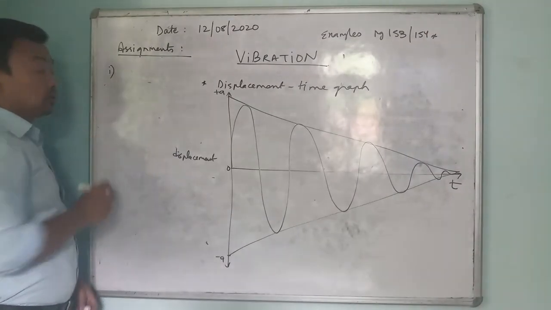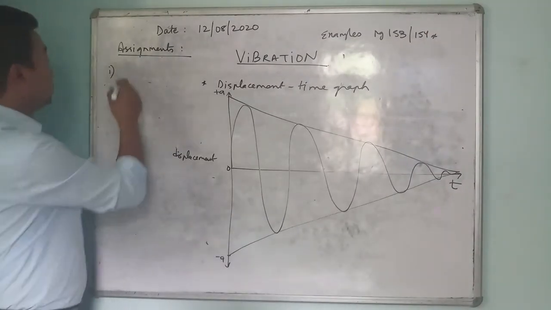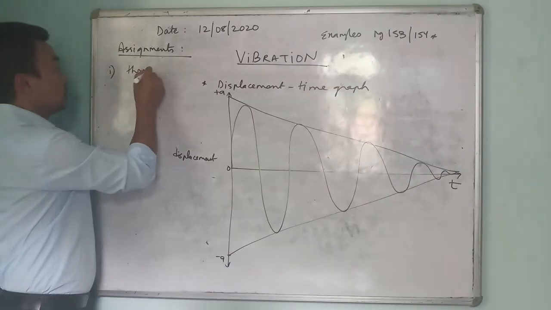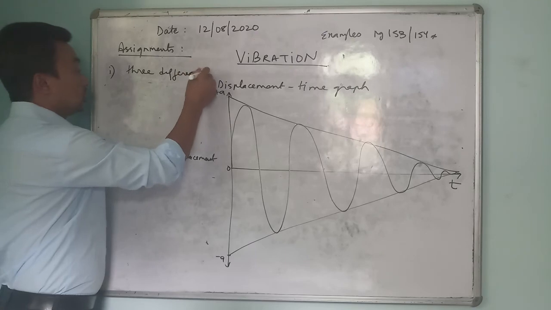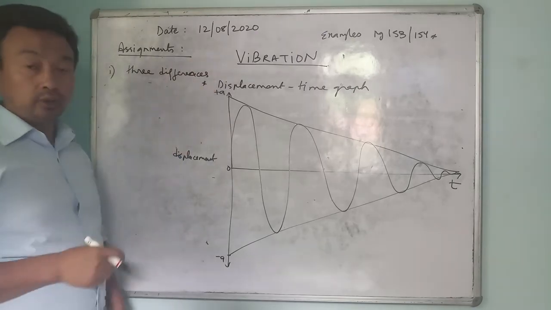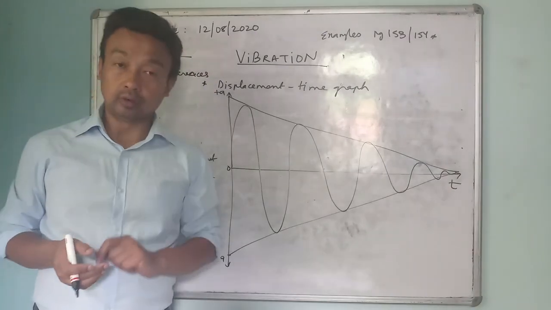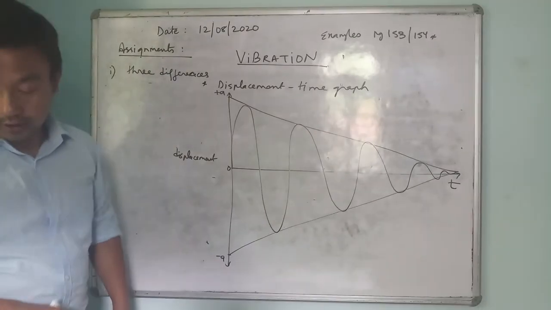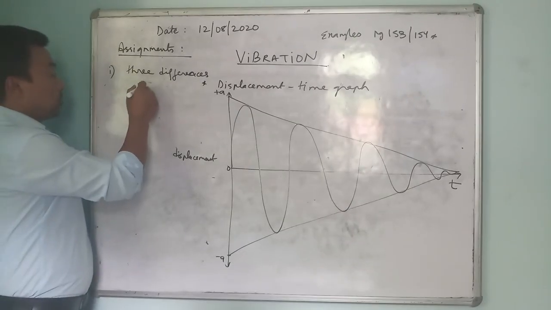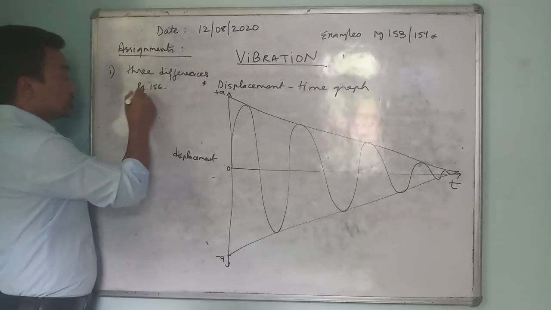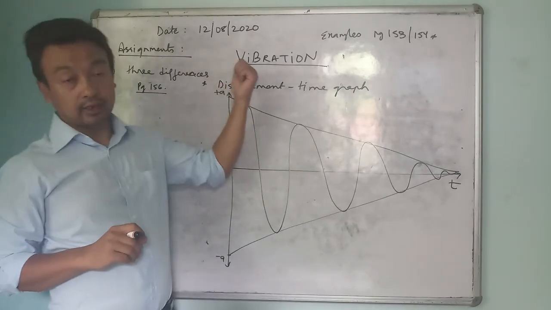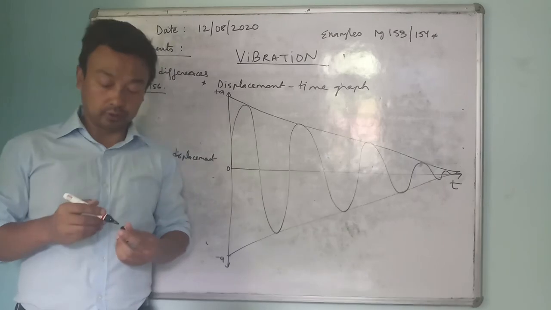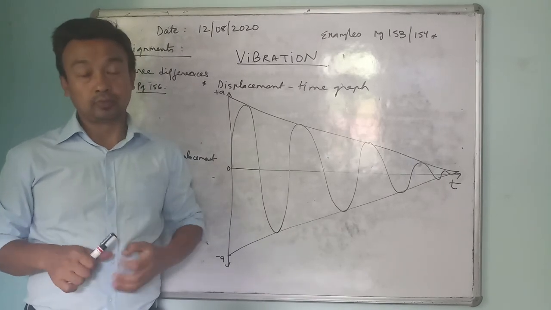Number one is, write three differences between natural and damped vibration, and for that you can refer to the textbook on page number 156. Examples, you can give one example for the natural vibration and one example for the damped vibration.